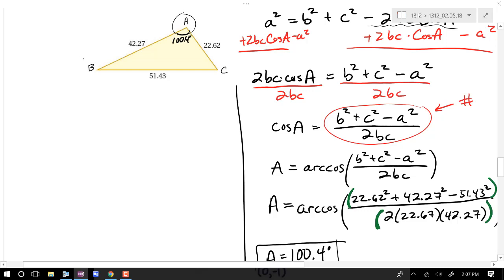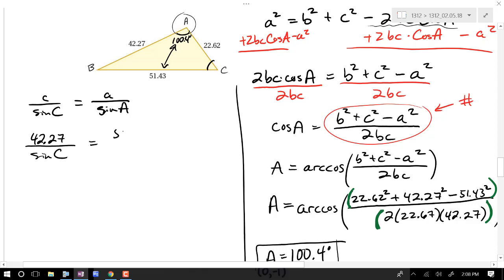So which angle do you want to do next? C. Okay, so then we know c over sine of C is equal to, and then we have to use a and sine A because that's our known pair. So we have 42.27 over sine of C is equal to 51.43 over sine of 100.4 degrees.